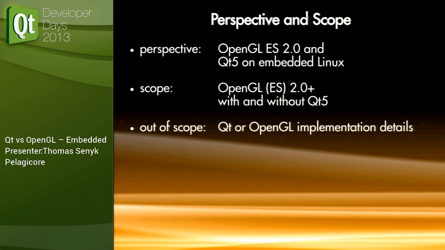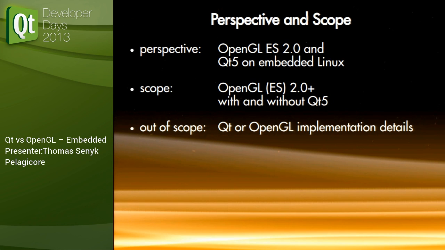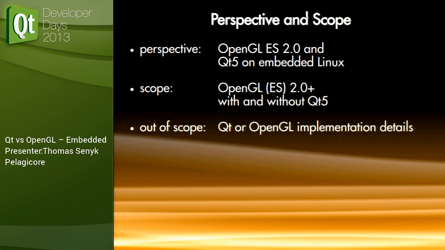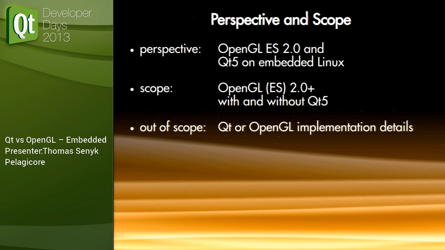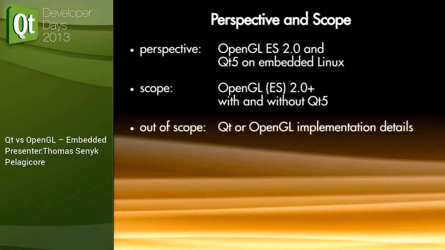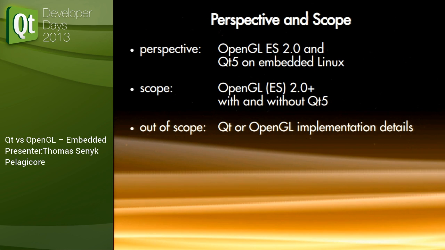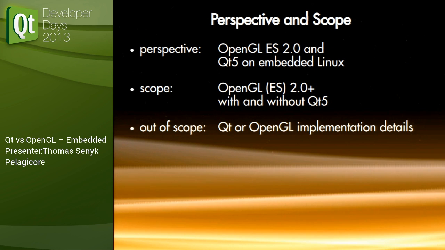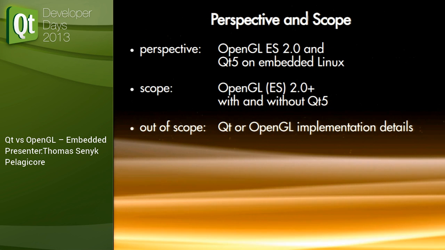So a little bit about perspective and scope. I'm only using OpenGL ES2 for my work to date. It might become 3 soon. I haven't had to use Qt4 for a while now. I'm mainly on Qt5, which I think is a good thing. A lot of things are getting easier with Qt5 for me personally.